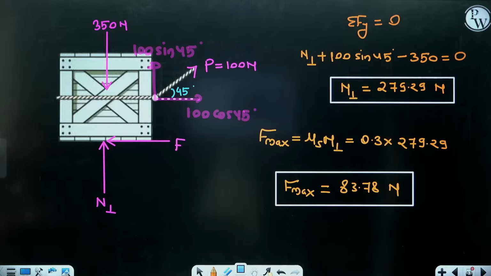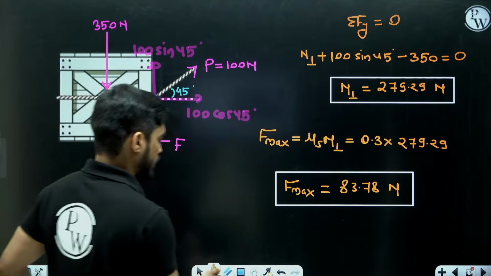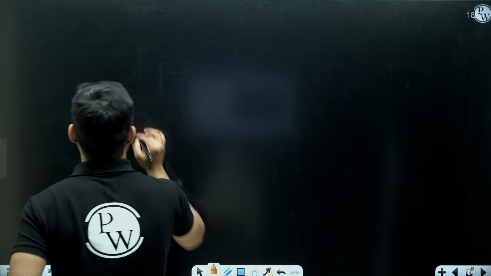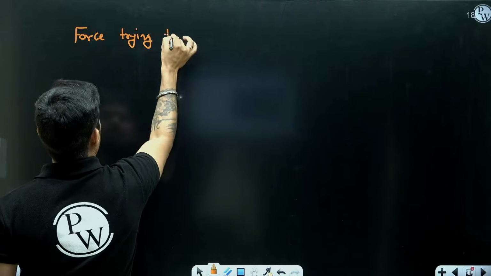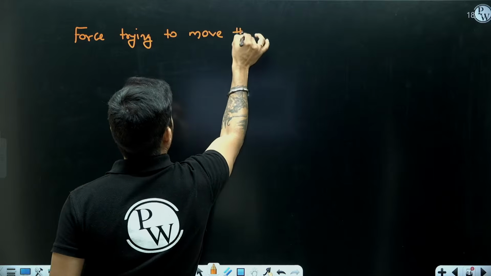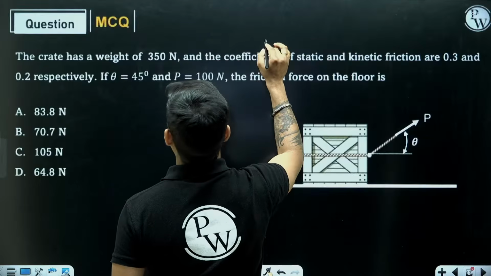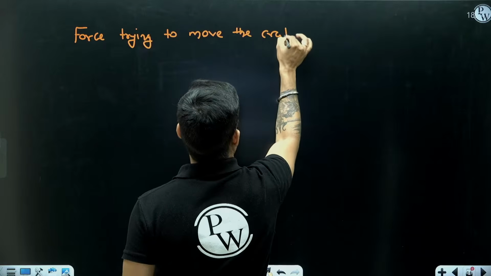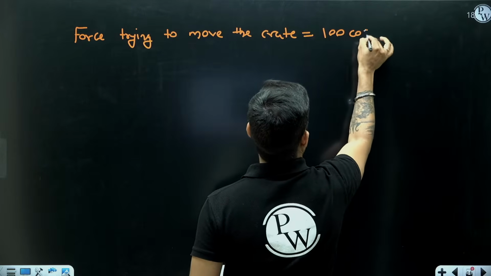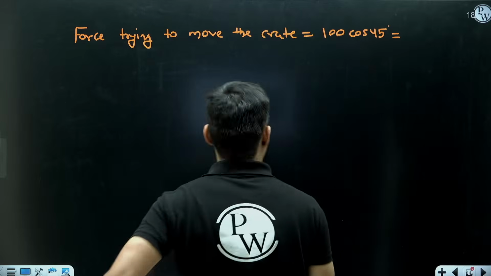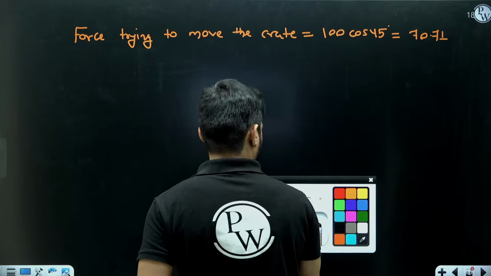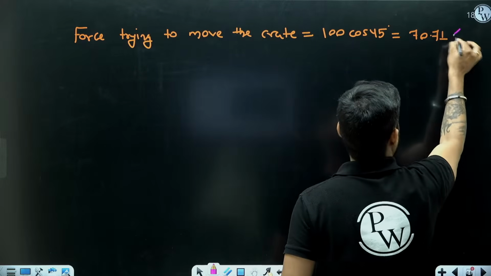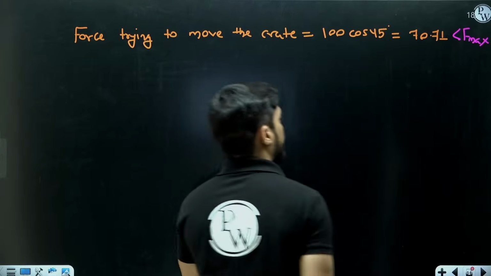Now 100 cos 45, the force which is trying to move this block, is how much? 100 cos 45 means the force trying to move the crate. This is the crate, na? Is 100 cos 45, which is how much? 70.71. So beta, this is less than F maximum, right?